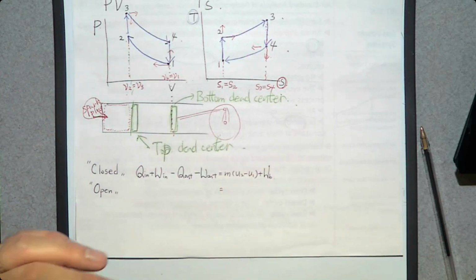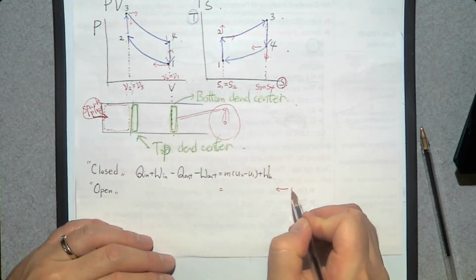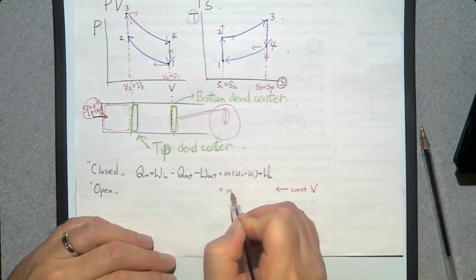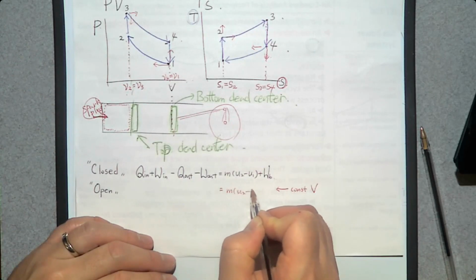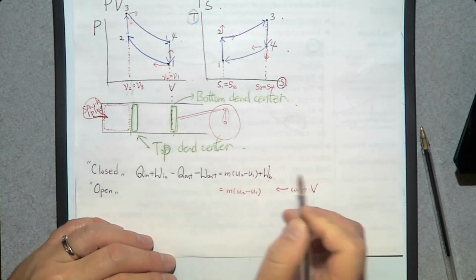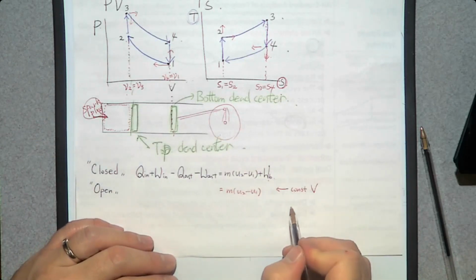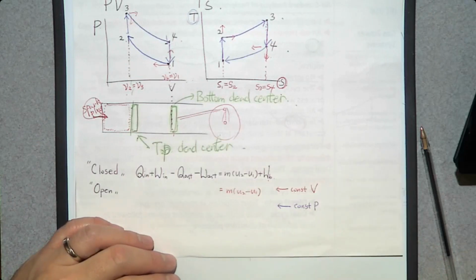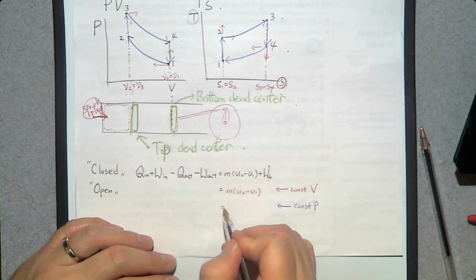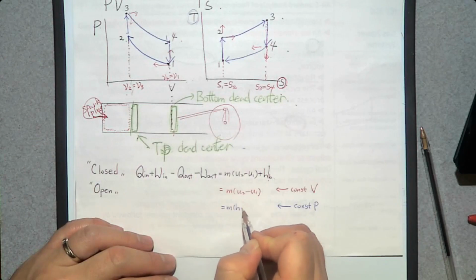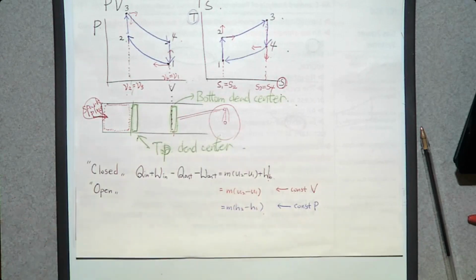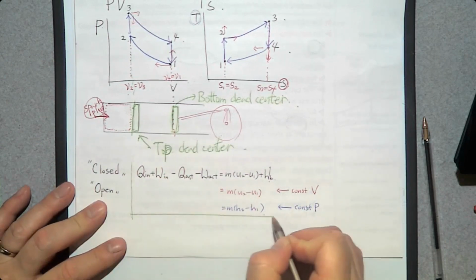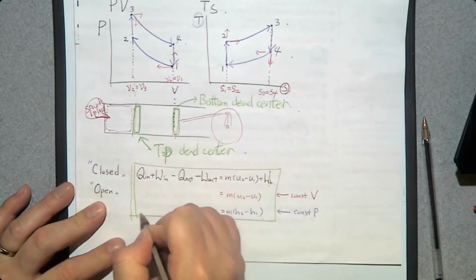What about if you have a constant volume process? It's going to be mass times U2 minus U1 because there is no moving boundary work. What about if it is a constant pressure process? It's going to be mass times H2 minus H1. So this is the energy balance equation for a closed system.